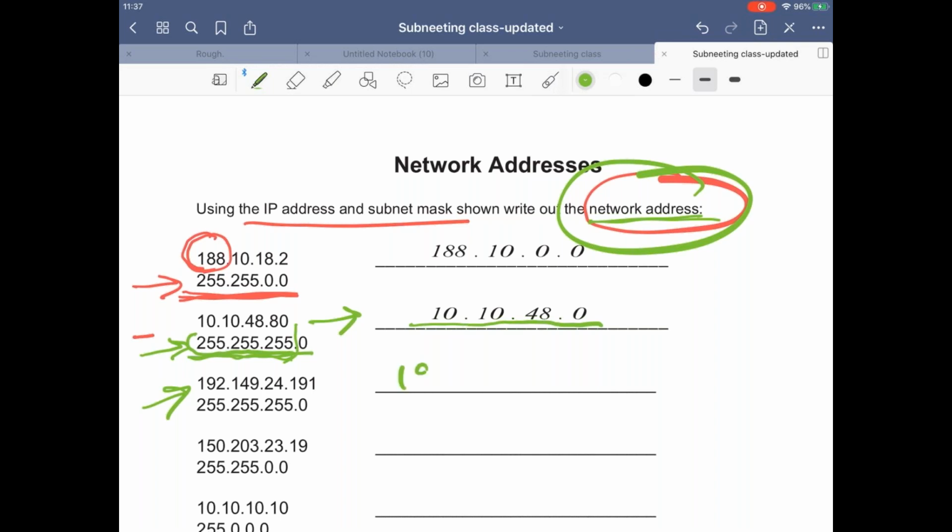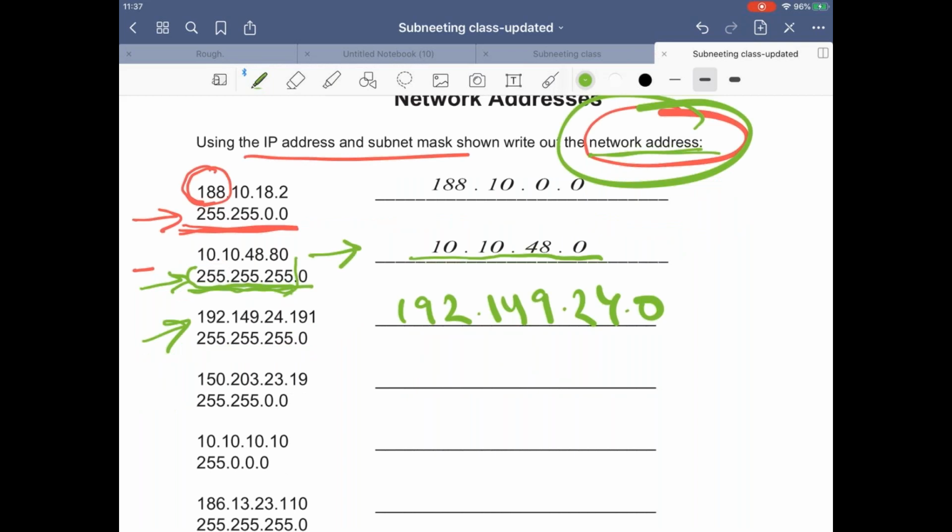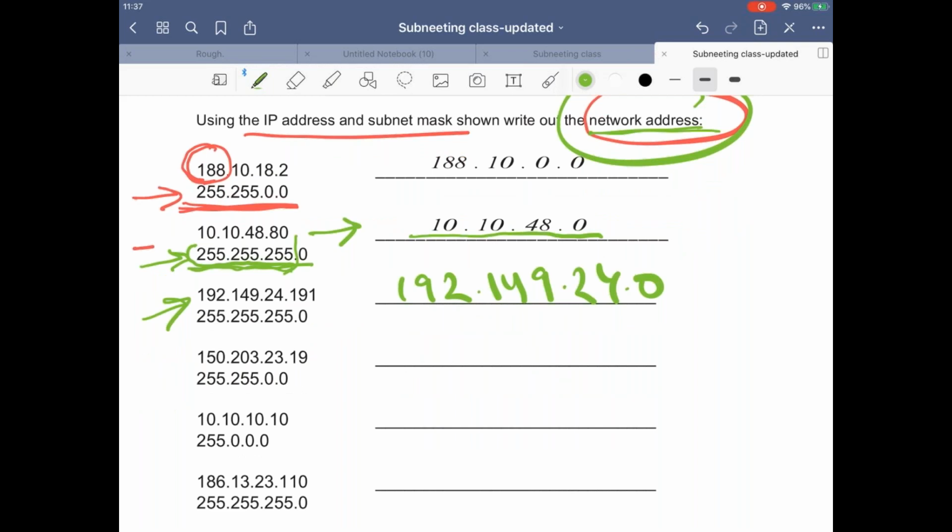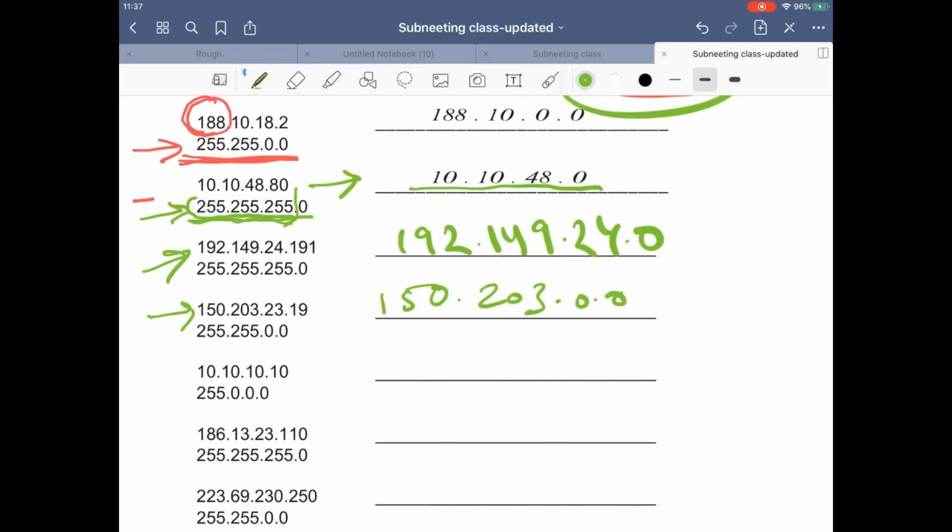Yes, correct. Next one. Only the first two octets are there, so 150.203.0.0, because in the subnet mask the last two are 0. This one, 10.0.0.0. Simple, it is easy.